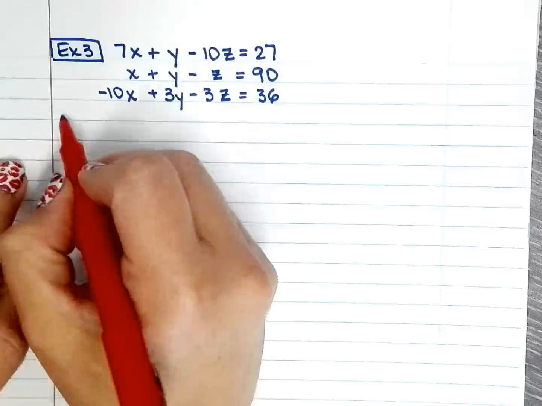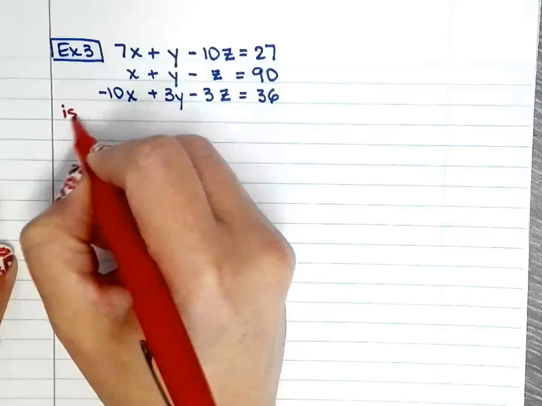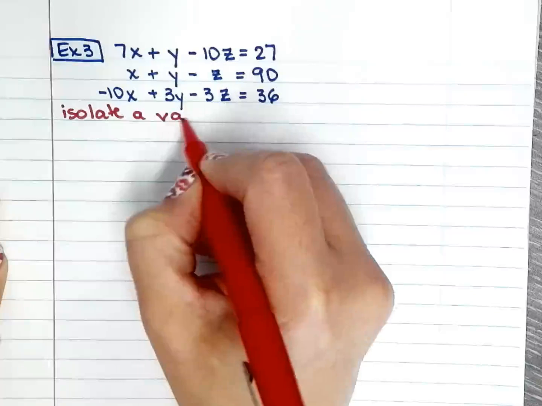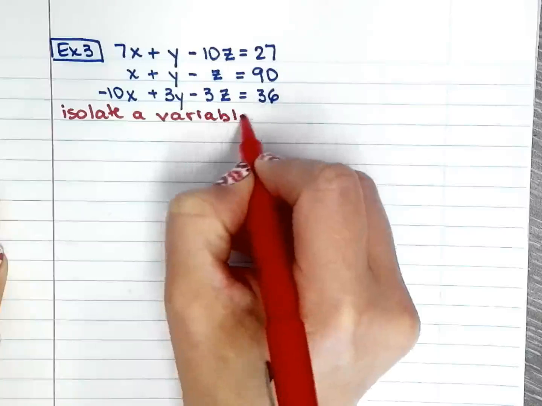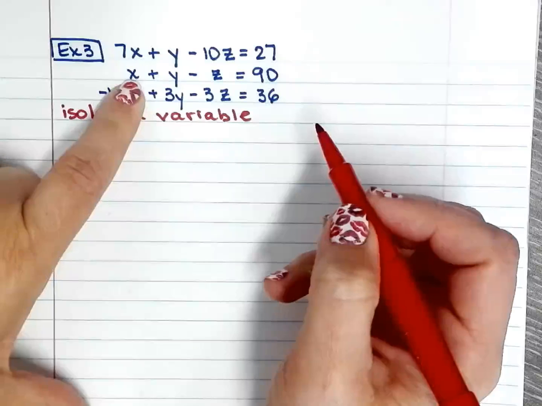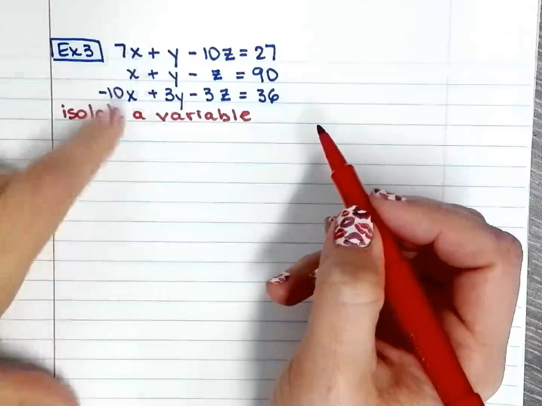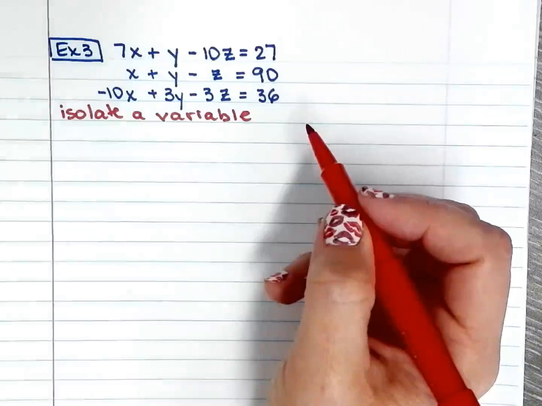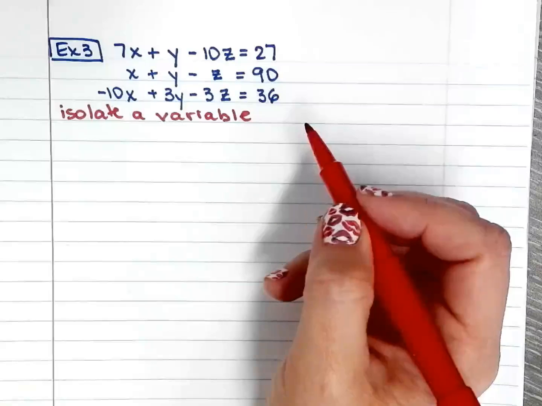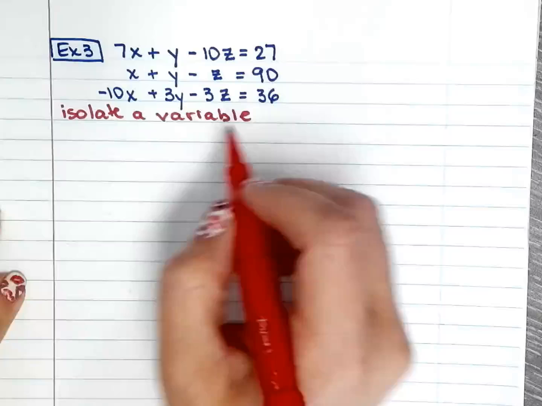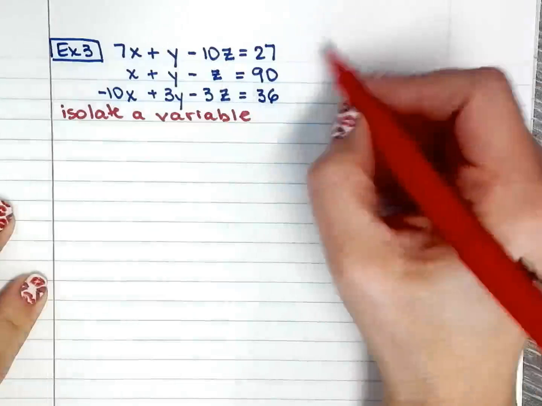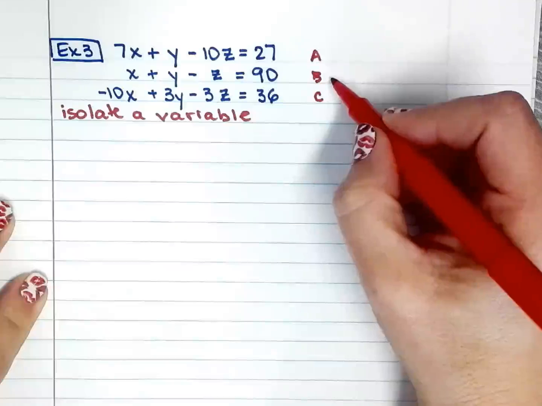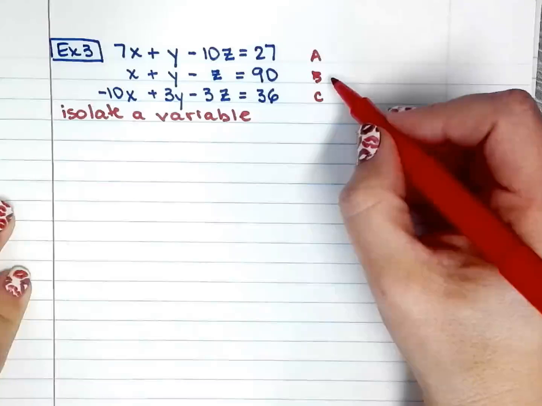So first thing we need to do, we need to isolate a variable. And I'm going to choose to solve for x on this one just because as soon as I see 7x, -10x, I read more work. I don't want to do more work. Okay, so I'm isolating x from the B equation.